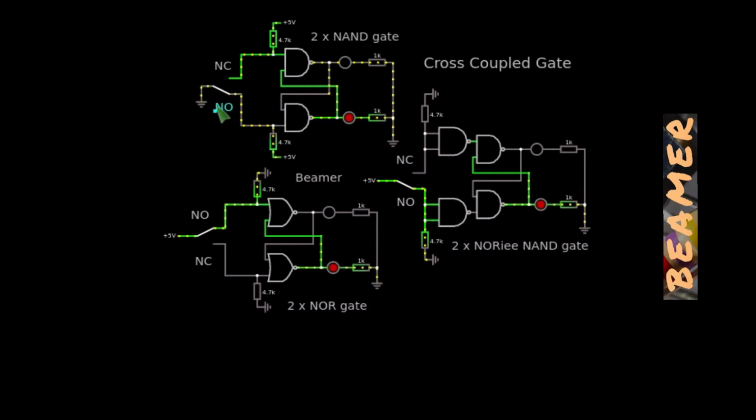Now in the normally open position, you've effectively got 0 volts, and a lot of people understand this very well, but there are some people out there that probably don't quite understand how this works. But you've got 0 volts effectively put at that point there, and being a NAND gate, if any of the inputs are at 0 volts, the output is at a 1, and if that's at a 1 there, the 1 is presented at this gate here.